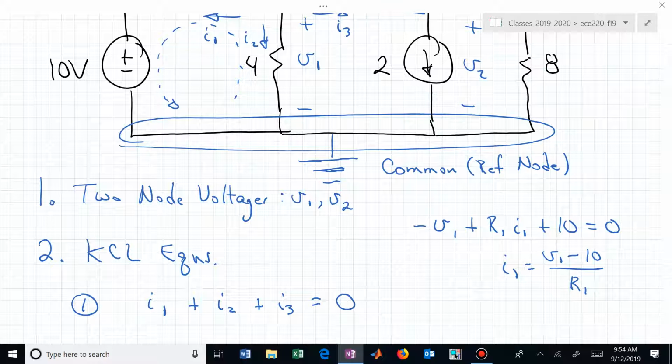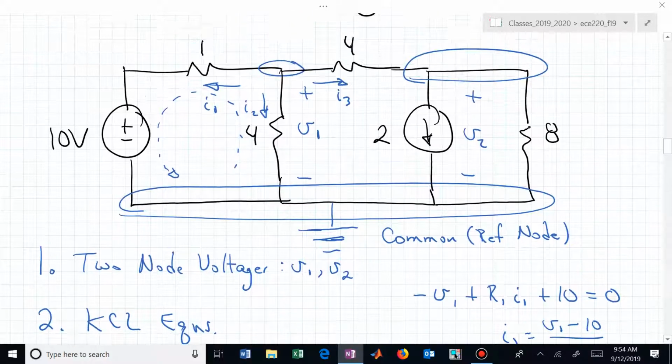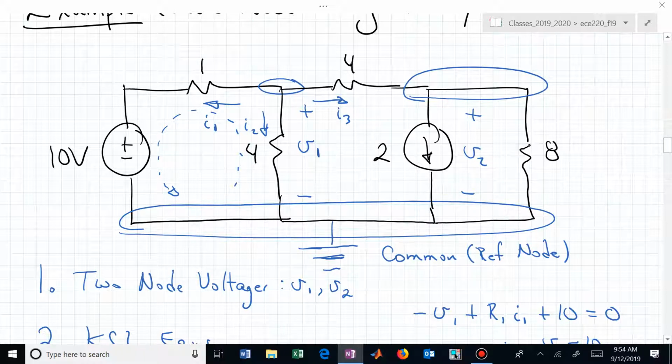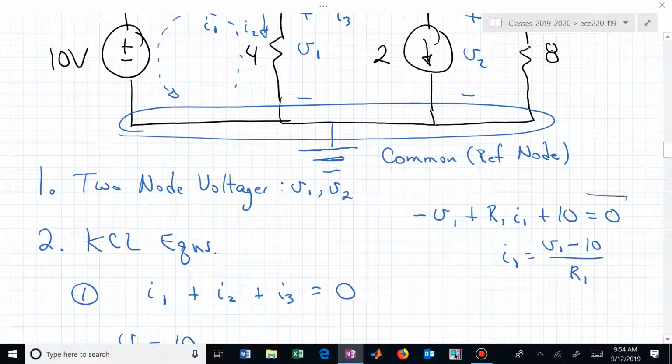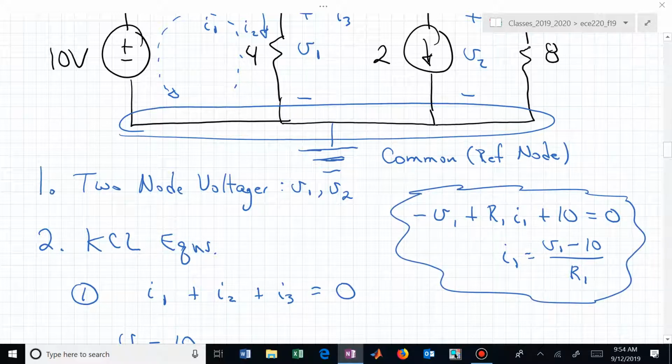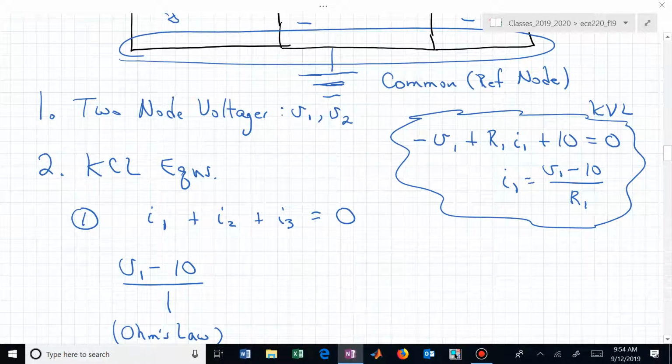Ohm's law and passive sign convention now says that V is equal to R I1, and that V from right to left in that 1 ohm resistor is V1 minus 10. That's what we verified with a simple KVL equation, and we wrote that down immediately here: V1 minus 10 over R1, which was 1.